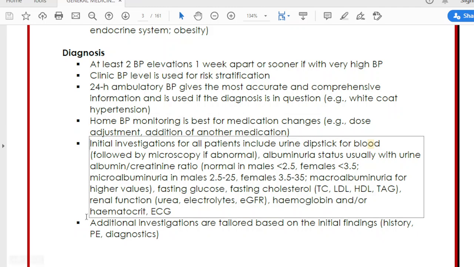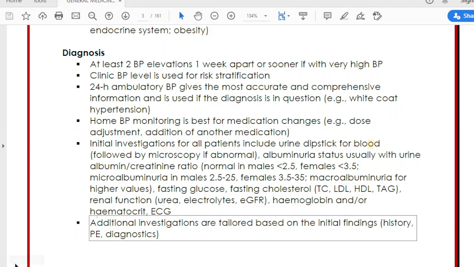Initial investigations for all patients include urine dipstick for blood, followed by microscopy if abnormal, albuminuria status usually with urine albumin/creatinine ratio: normal in males less than 2.5, females less than 3.5, microalbuminuria in males 2.5 to 25, females 3.5 to 35, macroalbuminuria for higher values, fasting glucose, fasting cholesterol, TC, LDL, HDL, TAG, renal function, urea, electrolytes, eGFR, hemoglobin and/or hematocrit, ECG.